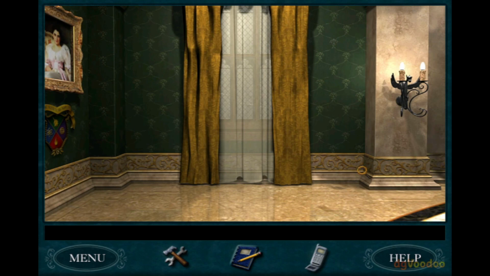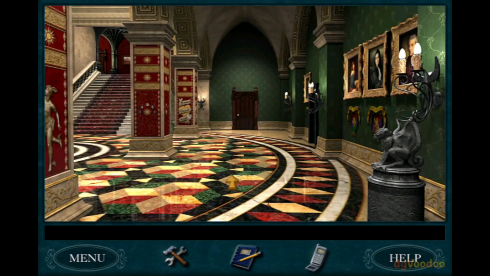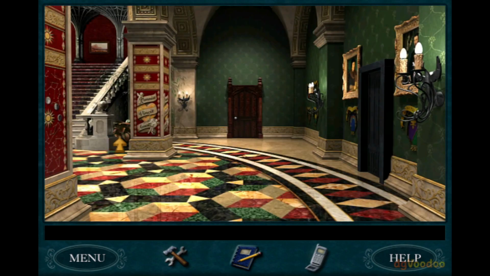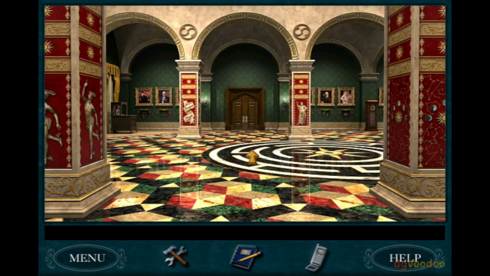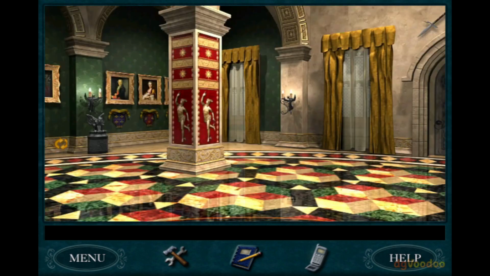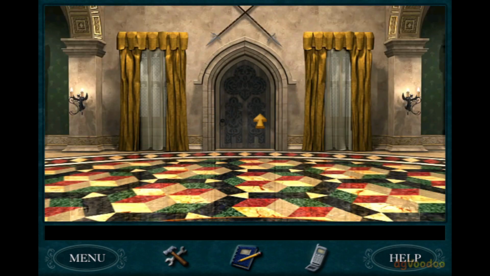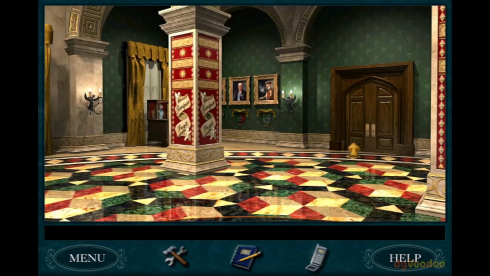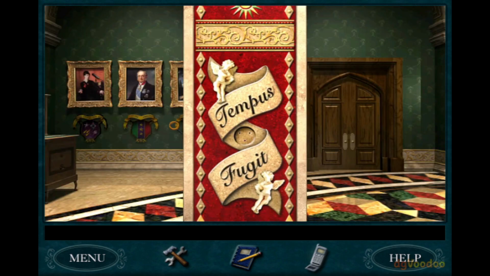Can't pan around here or turn to the right, unfortunately. There we go. So I guess that's the door to the outside that we're not supposed to use. There's something in that case. And something's missing here. Looks like a piece is missing.